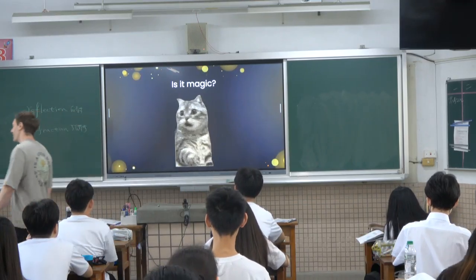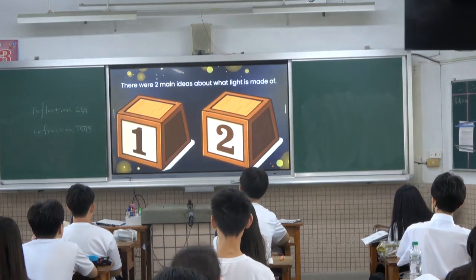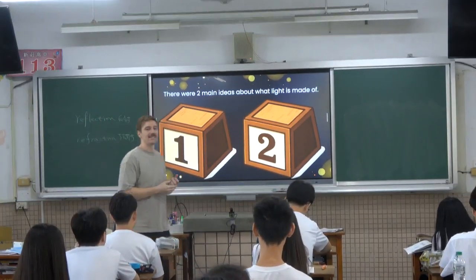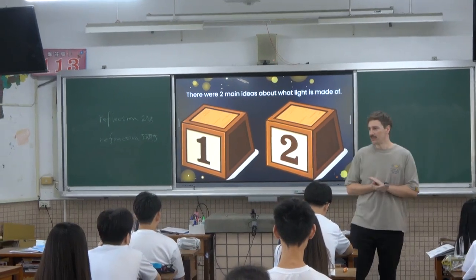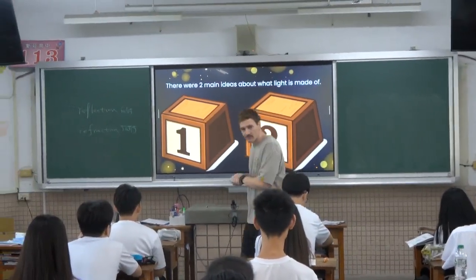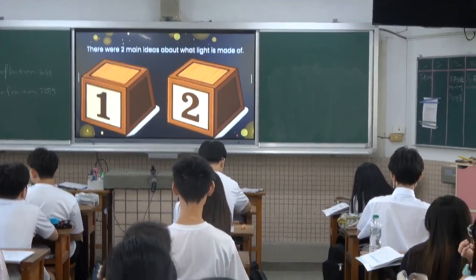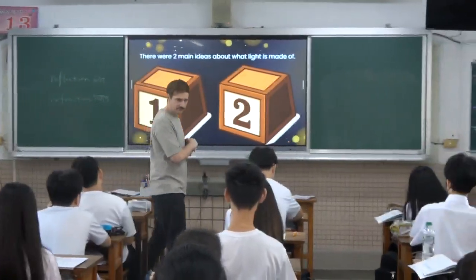Okay, so if it's not magic, then there were two main ideas about what light is made of. What are these two ideas? Do you know? Have you gone over this or have you heard about this? So there's two ideas about what light is made of.